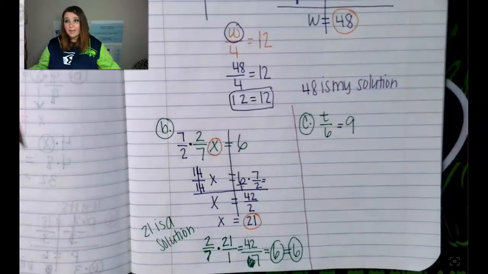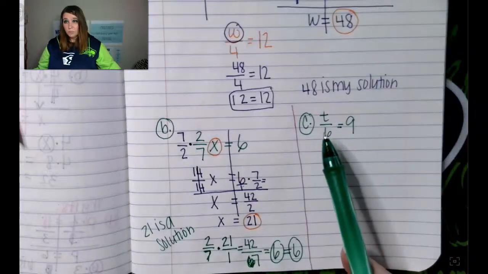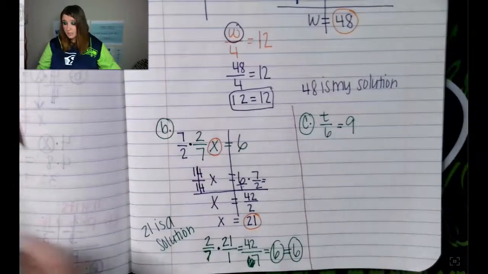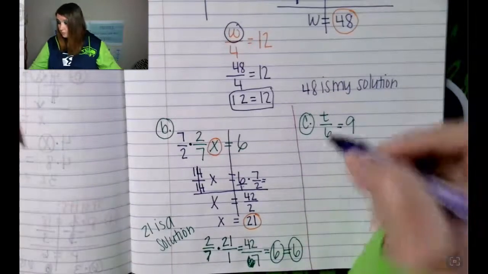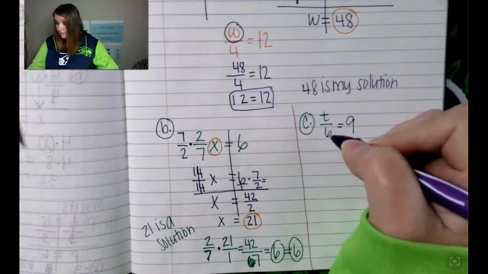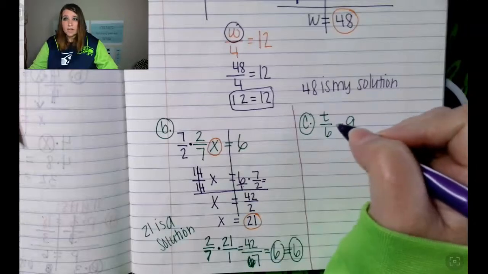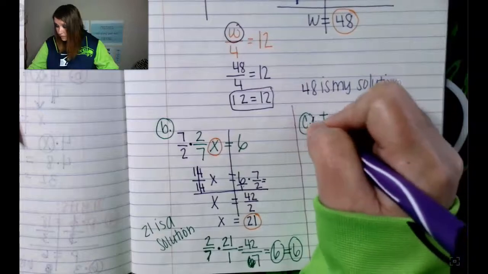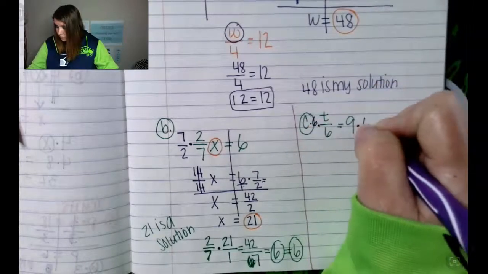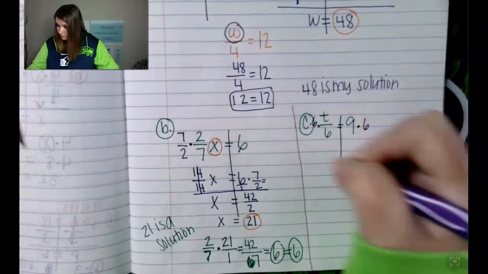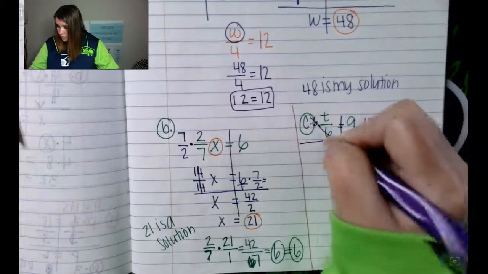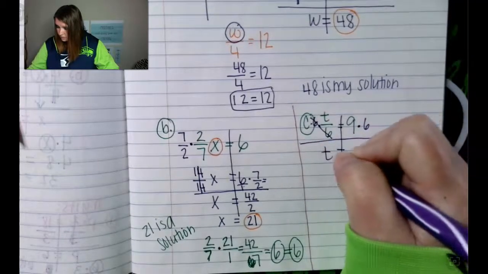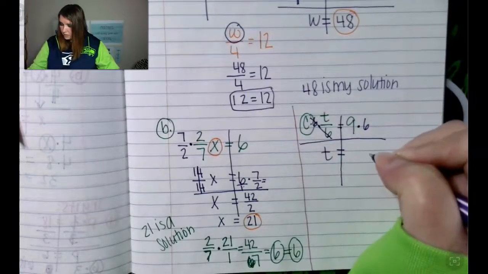Okay, again, I could just multiply times 6. Undo the division, right? Because right now it's divided by. I know when I have a line, it's divided by. So I could just say times 6 and times 6. And then I've got my t equals like this.